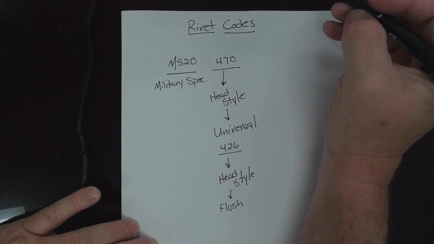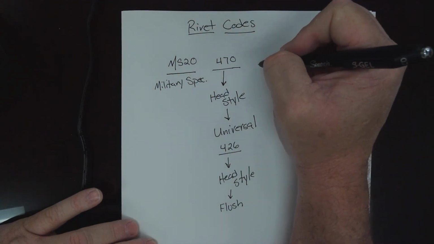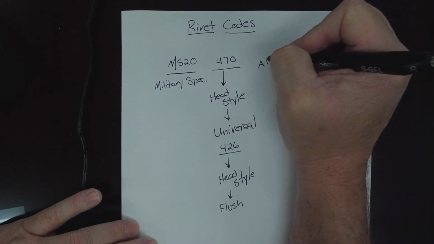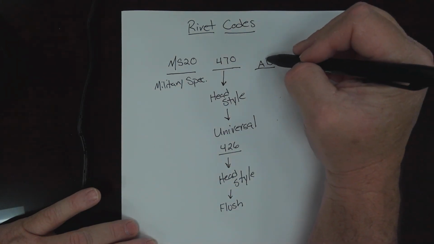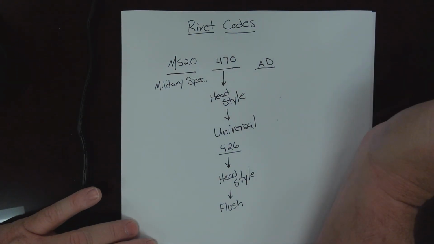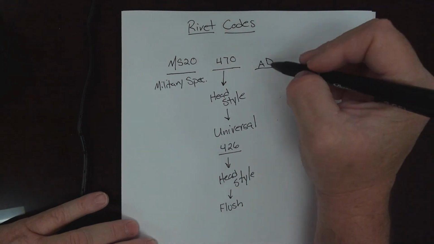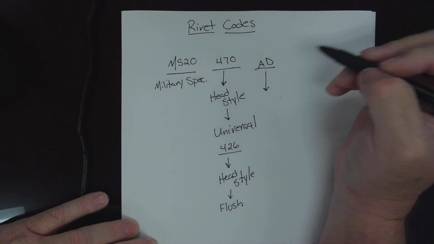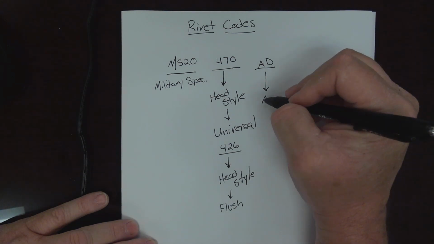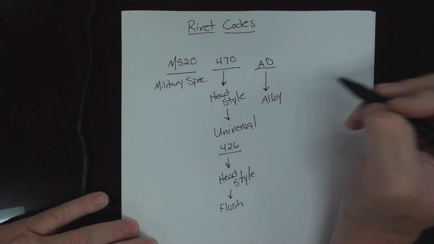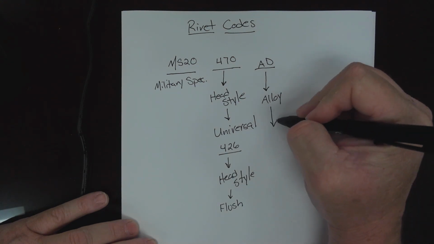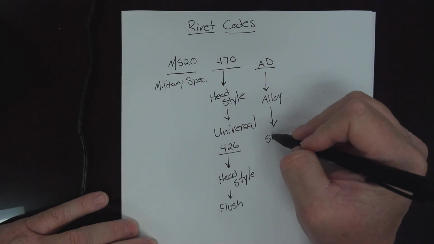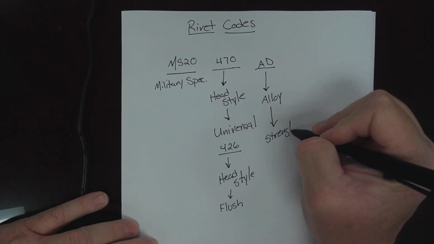Let's look at the next digit or digits in this code. Well, now the rivet that we're going to be using is actually represented by two letters, AD. Now, some of these rivet styles may only include one letter, but an AD rivet tells me the alloy. The letters always represent the alloy. And let me tell you something: if I know the alloy, I also know about the strength of the rivet.